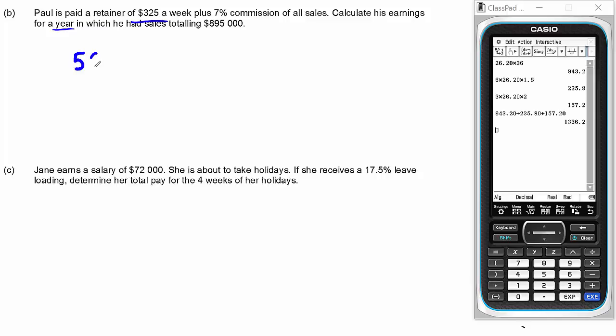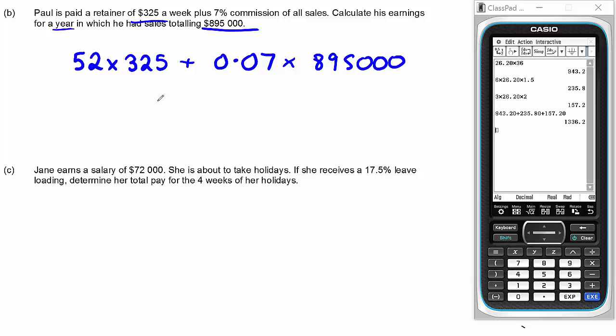So to get it yearly, we need to multiply by 52. And then this is a yearly amount. So we want 7%, so 0.07 as a decimal, and multiply that by the sales. So we just need to calculate that.